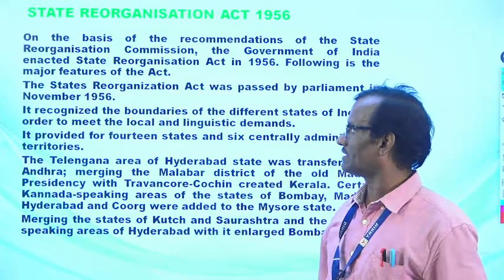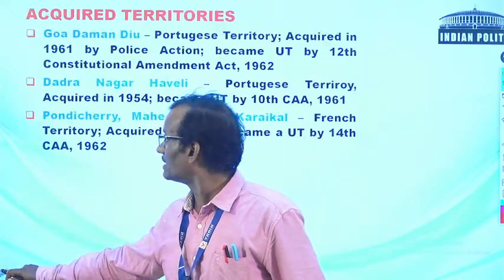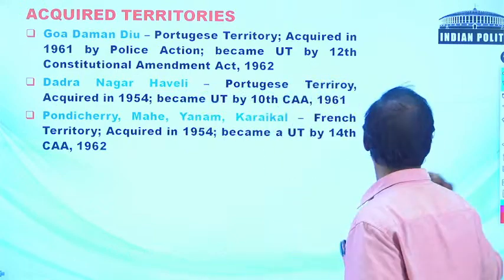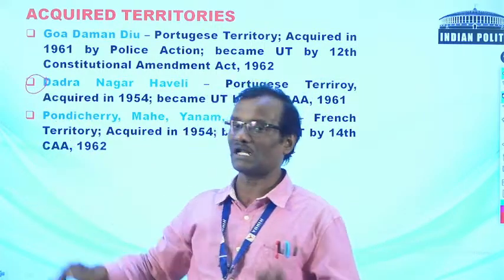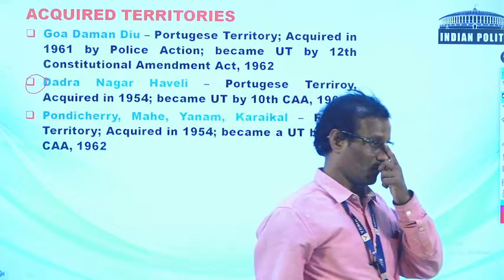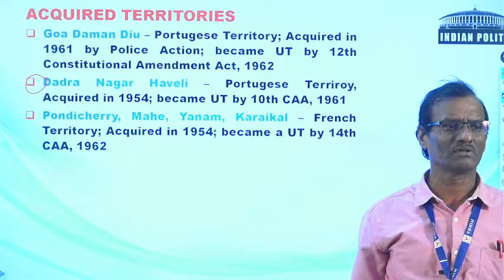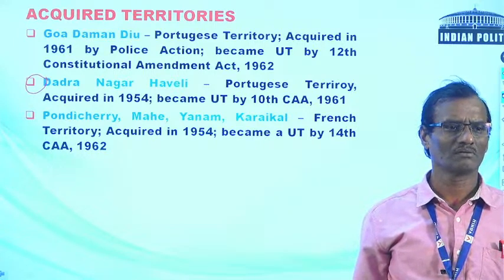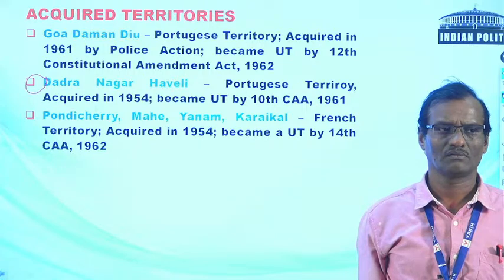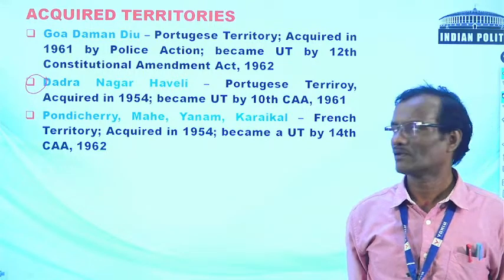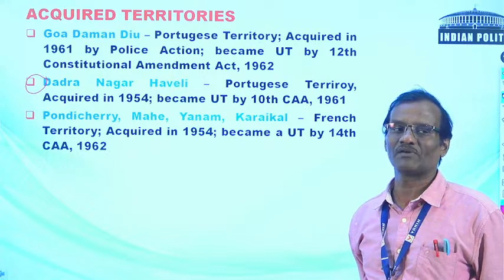So first, the territories that were acquired by India, I have listed it: Dadra Nagar Haveli, which was acquired by India in 1954.